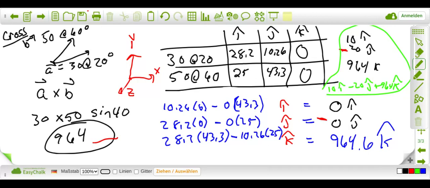Now, how do you get that? I told you back here on the left side of the paper, I said, hey, don't forget at the end, you've got to put a direction on that. Well, you take your right hand and you put your index finger in the direction of the first vector.